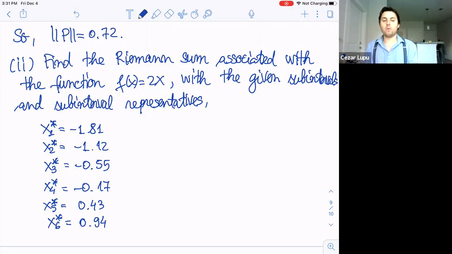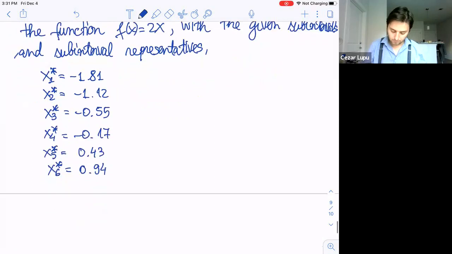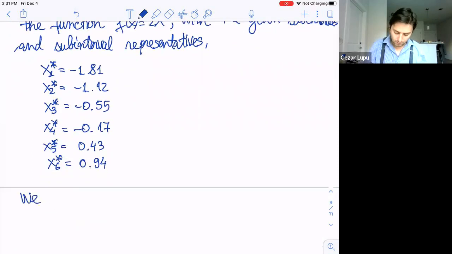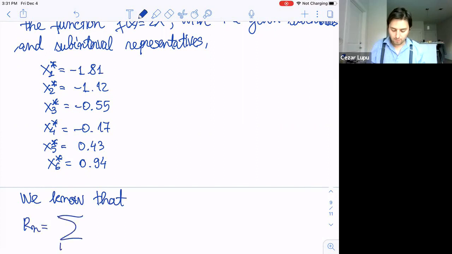So now we would like to compute the Riemann sum. So we know that Rn, which is the Riemann sum, is nothing else than the sum from k equals 1 to 6, because we have 6 subintervals, of, usually the formula is f of xk star times delta xk.